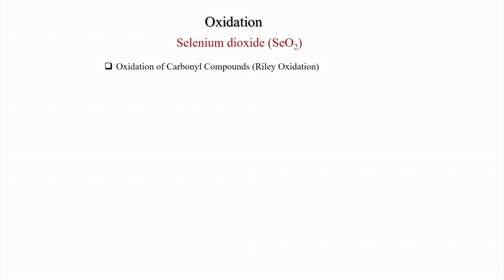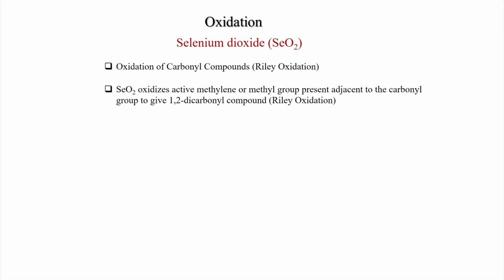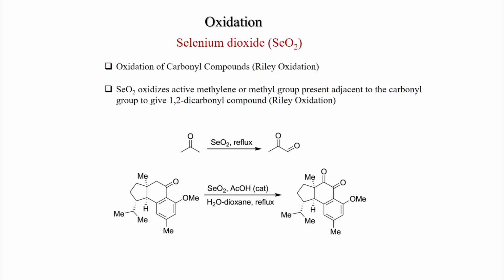Oxidation of carbonyl compounds, which is also called Riley oxidation. SeO2 oxidizes an active methylene or methyl group present adjacent to the carbonyl group to give a 1,2 dicarbonyl compound. This is also a very popular reaction of selenium dioxide.